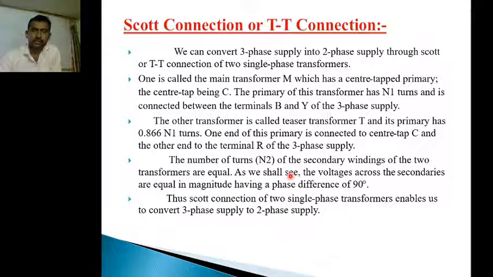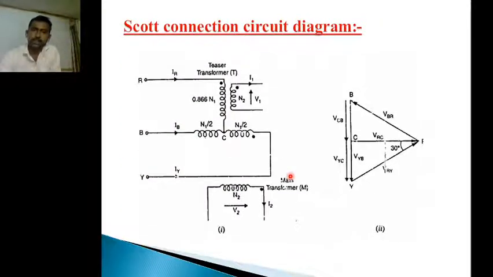Coming to the connection diagram, this description will be reflected in the diagram. Here we have the main transformer and the teaser transformer. In the main transformer we have the primary winding and the secondary winding, and likewise for the teaser transformer. In the main primary we have the center tapping; totally we have n1 turns, divided into n1 by 2 and n1 by 2.